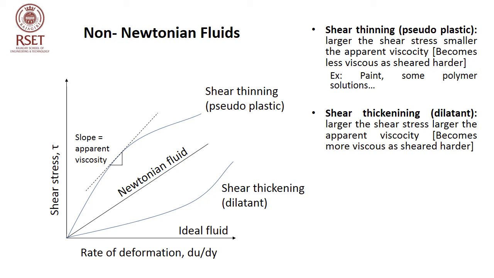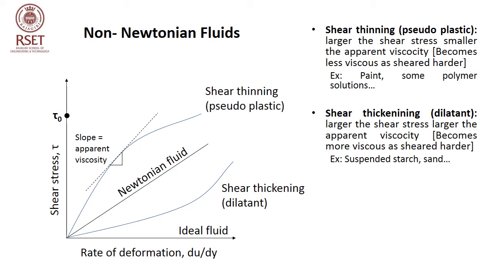With larger shear stress, a larger apparent viscosity is obtained. That means it becomes much more viscous as the shearing rate increases. It becomes harder and harder. Examples are suspended starch, sand, etc. The application of this is utilized in many areas.